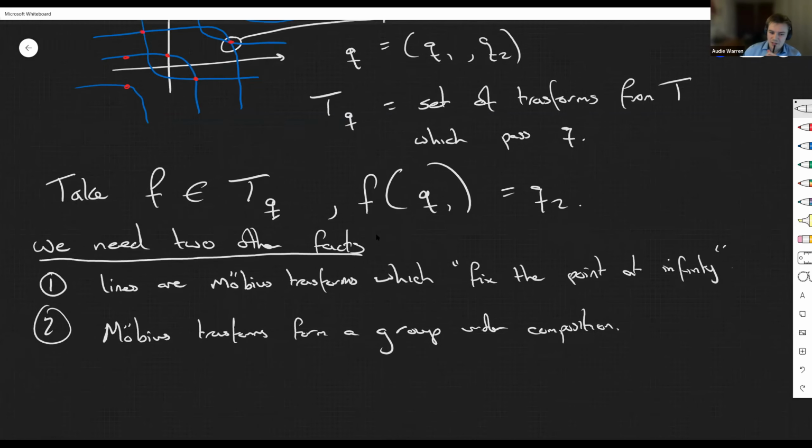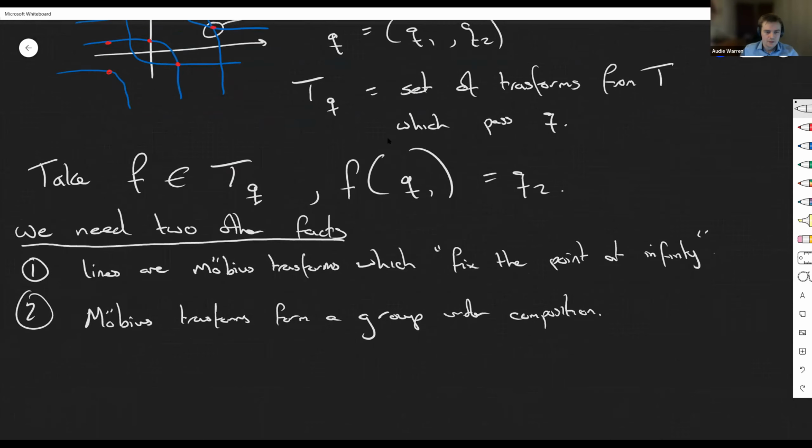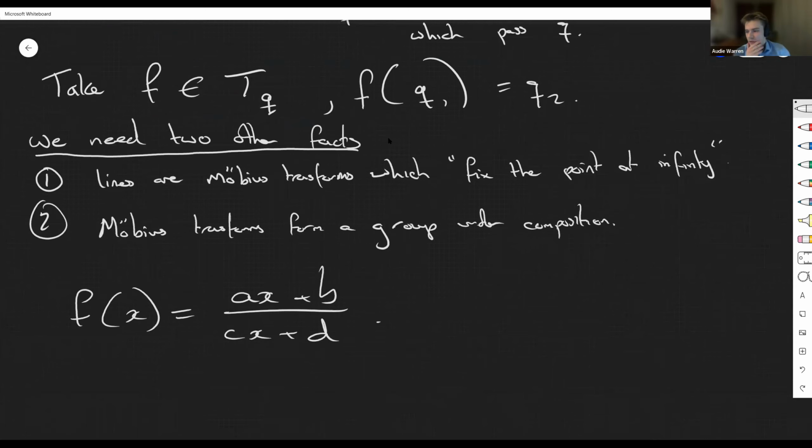Okay, so let's explain these two things. The first one: what do I mean when I say lines are Möbius transformations which fix the point at infinity? To illustrate this, let's write down a Möbius transform in general. f(x) = (ax + b)/(cx + d).